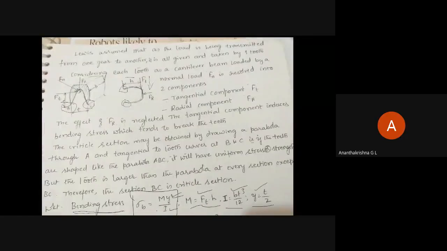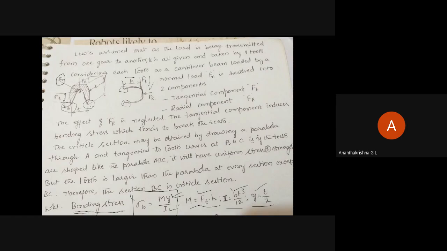I'll go back. So Lewis assumes that the load is given and taken up all by one tooth at a time. So this is the gear tooth, which is subjected to normal force Fn. Resolving this normal force Fn, we have Ft and Fr, that is tangential force and radial force.